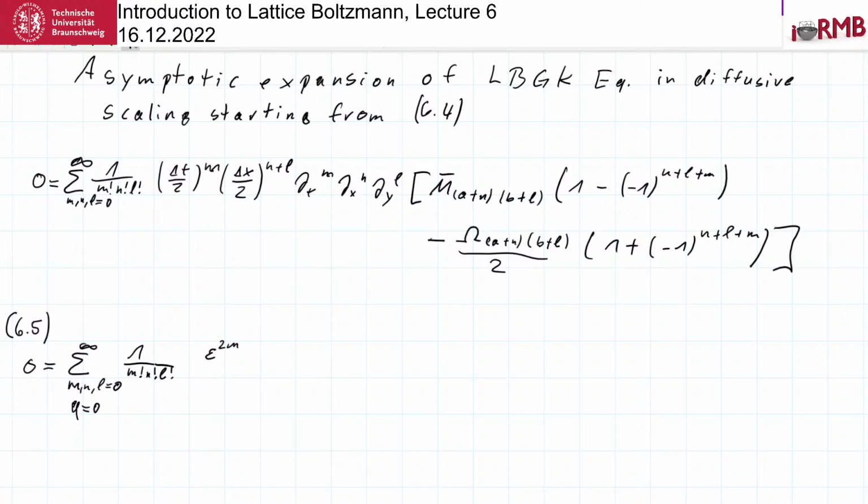Because we are in diffusive scaling, m is counting delta t, so we have 2 delta t in the exponent. We have only 1 n and we have 1 l. And now we are also expanding the moments, so we also have Q, right? So now we put everything in this one place.